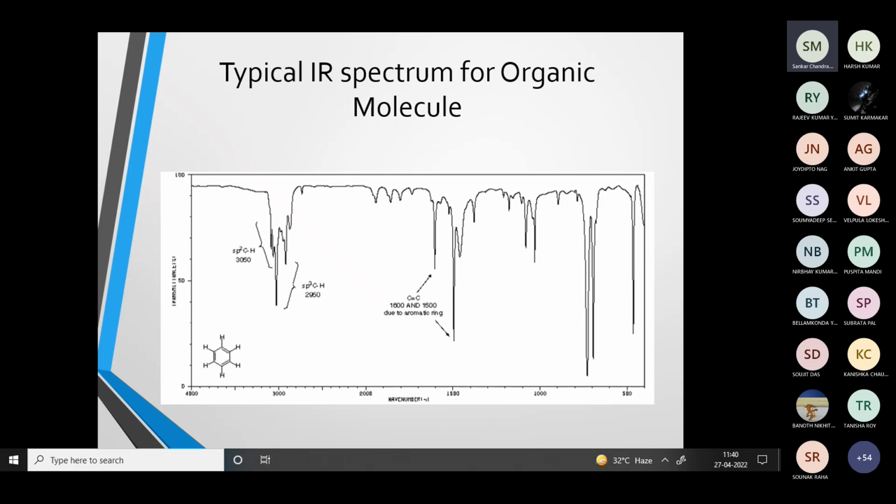It is 1600. Actually 1500 is for benzenoid systems, aromatic ring systems, and 1600 is the carbon-carbon double bond. But it is not exactly a carbon-carbon double bond. It is not partially a single bond, I will say it is actually a partial bond. Is it clear?